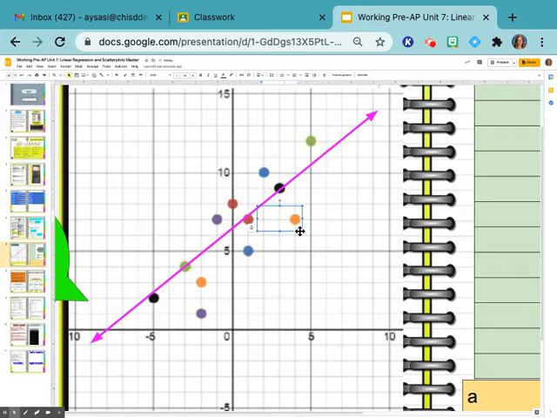So I'm going to write that over here. 1, 7. Negative, hold on. 3, 9. But what about this one right here? This one looks like it might be a little better. Negative 3, 4.